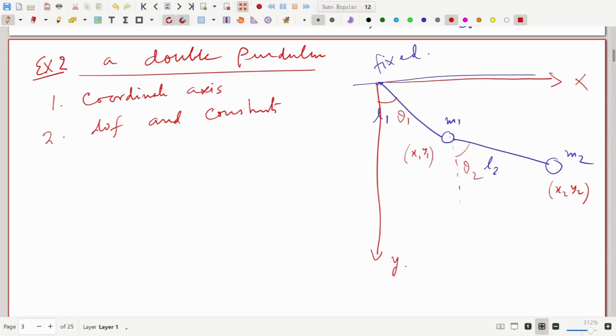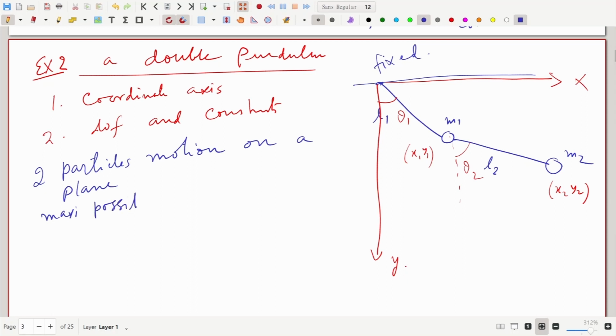We have two particles moving on a plane. So the maximum possible degrees of freedom is 2 × 2 = 4. And now we have to find the number of constraints.